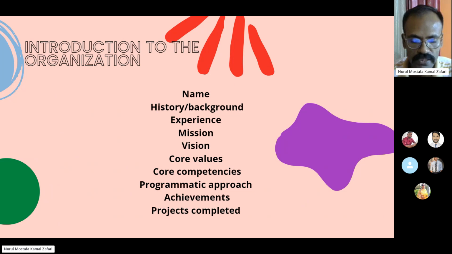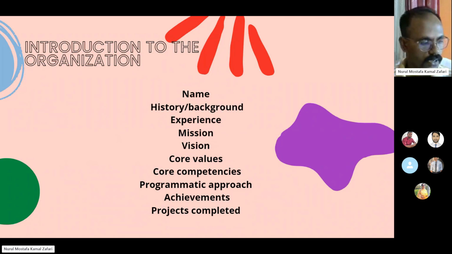This introduction helps them get through the organization in brief, and maybe it will help them understand the strengths and other things of the organization. So in this section, one needs to be very brief and precise.